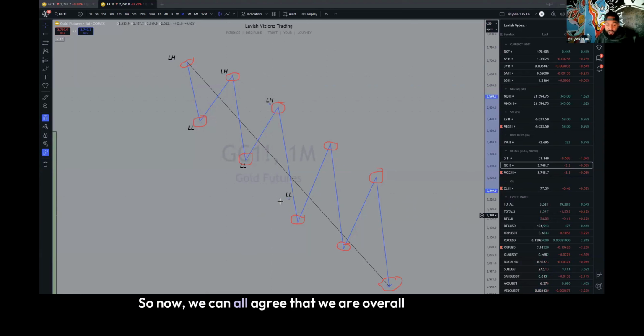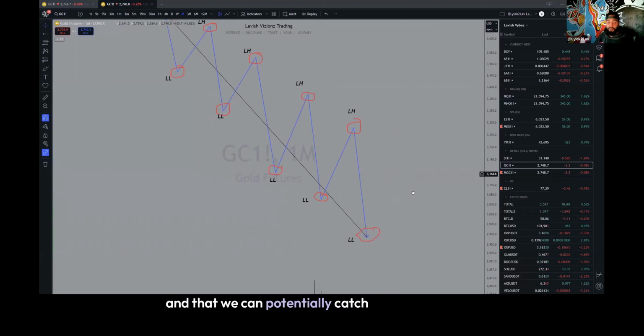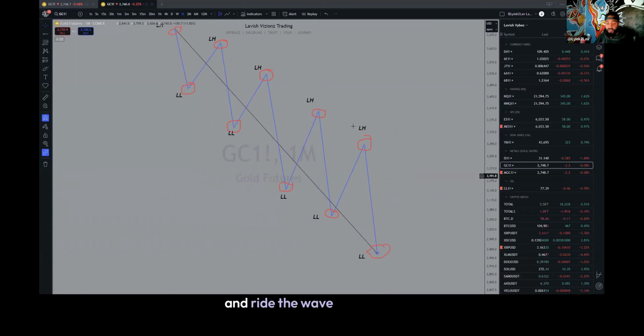So now we can all agree that we are overall going lower, and these points are overall getting lower as well. These are the building blocks to allow us to see a trend and understand the trend that we're in, and that we can potentially catch and ride the wave and make money as well.